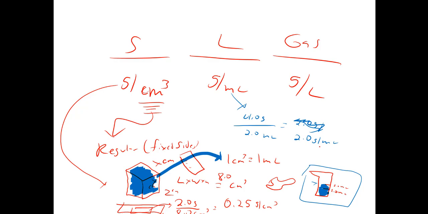Now, it's a compound unit, so you'd have to write it as grams per mil. So that'd be the density of a liquid.